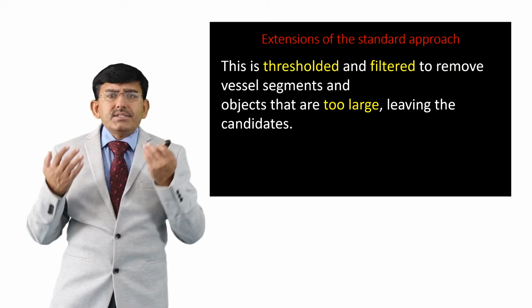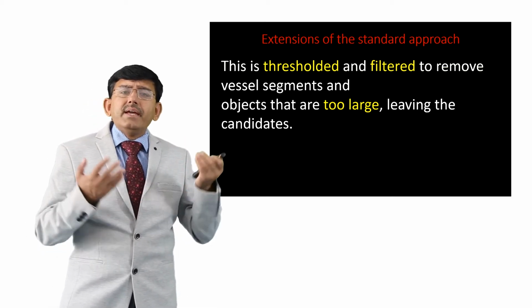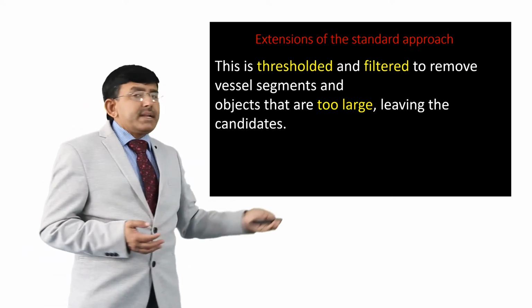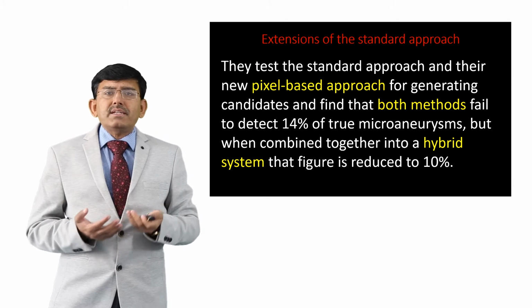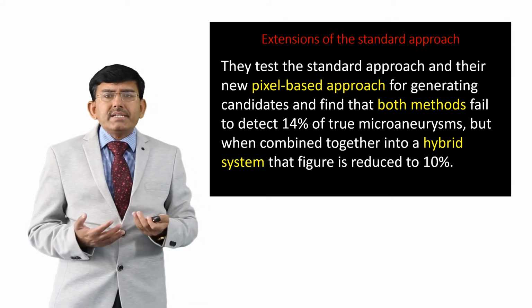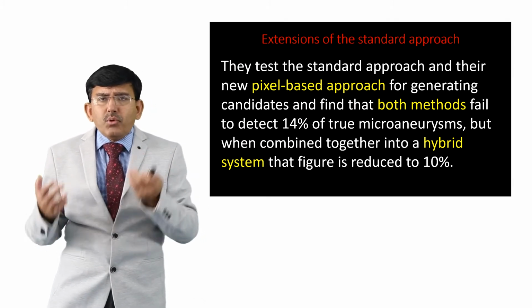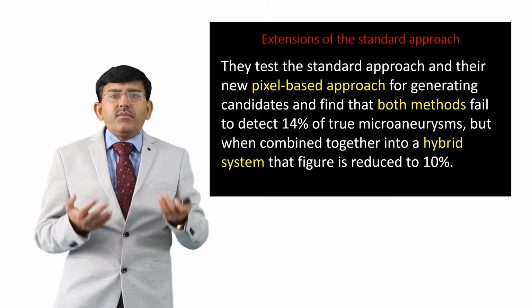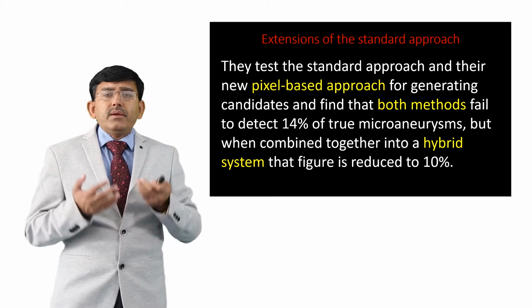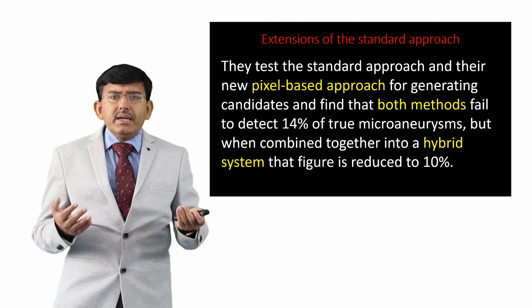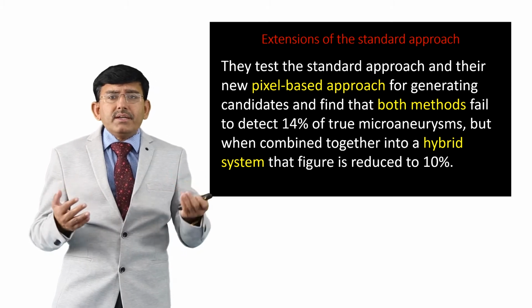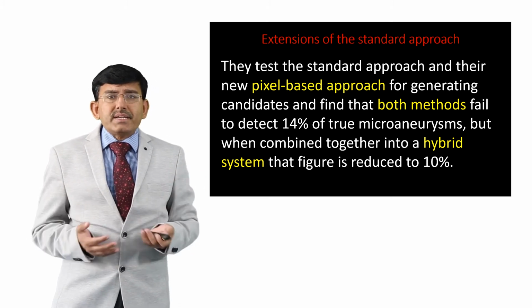They test the standard approach and their new pixel based approach for detecting the region of interest for generating the candidates and find that both methods fail to detect 40% of true microaneurysm, but when combined together into a hybrid system, that figure is reduced to 10%.